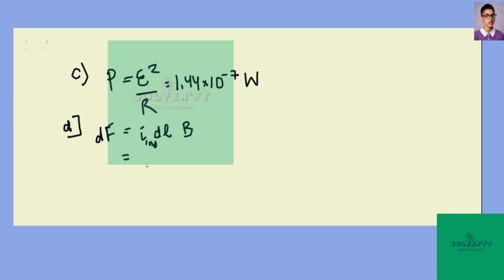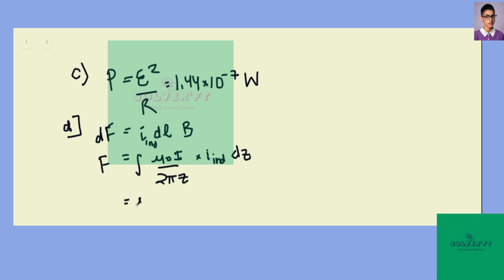So integrating that, we want to integrate the B field, mu naught I over 2 pi R, times I induced, dz. And then I guess this R needs to be Z because the Z dimension is the radial dimension.